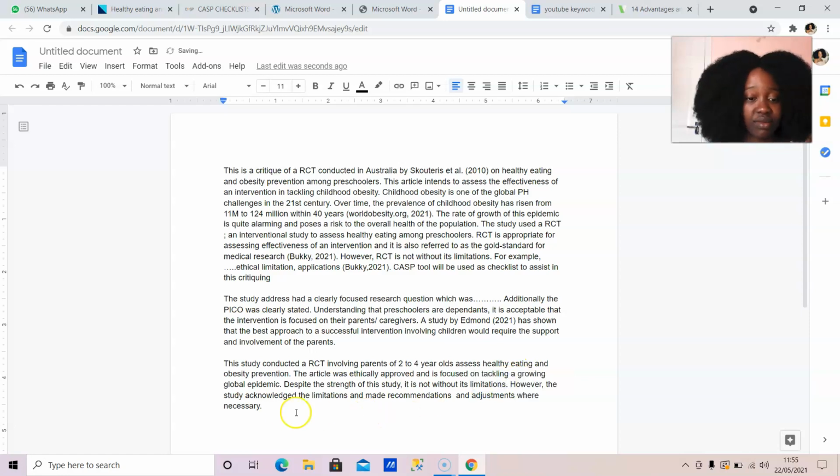So they made recommendations and adjustments where necessary. I can leave it like this or go a step further and say these recommendations would also inform future research, which I think is important. It will inform future research, and it would also help with tackling the main problem, which is childhood obesity.